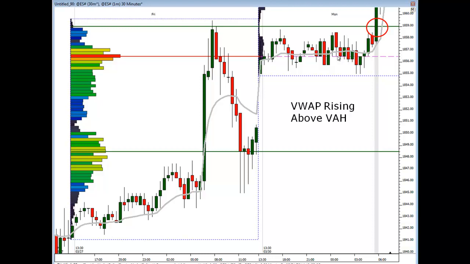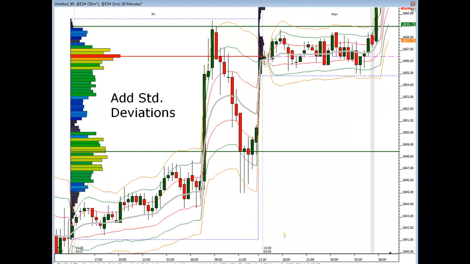And we talked previously about how the VWAP here managed to sustain itself above the volume point of control, and then we get a breakout like this to the upside, very powerful, and it continues to rise above the value area high.